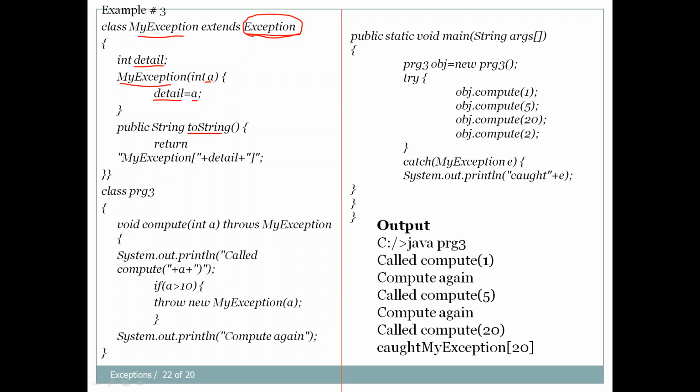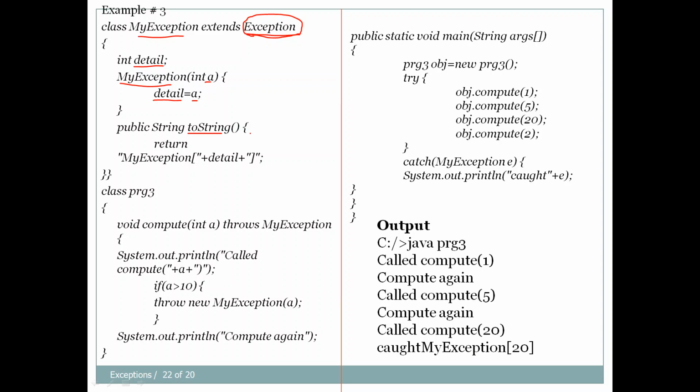If you pass an object of a class to a SOP statement, it will try to call a method called toString. If that toString method is not defined, it will generate an error message. But if that method is defined in the class, it will automatically call the toString method and execute the code. Now what have we defined in the toString method here?